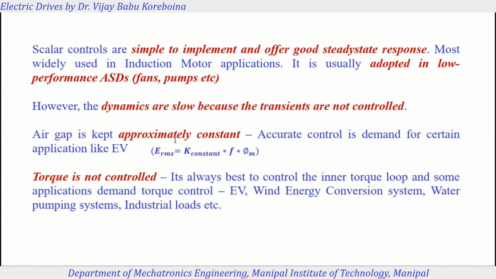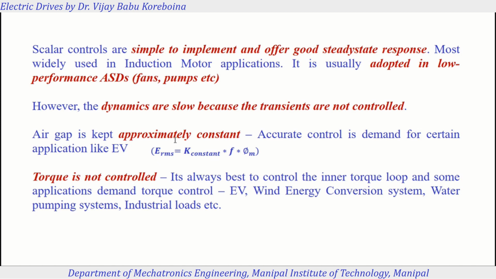Accurate control is demanded by applications like EV, electric vehicles, where flux is a very important point. Torque is also a very important point. Such variables we are not controlling in scalar control. So torque is not controlled, right? Torque is very, very important in certain applications like EV. For example, if the torque has more ripple, what would it cause?